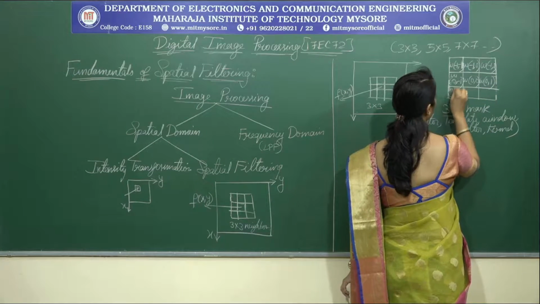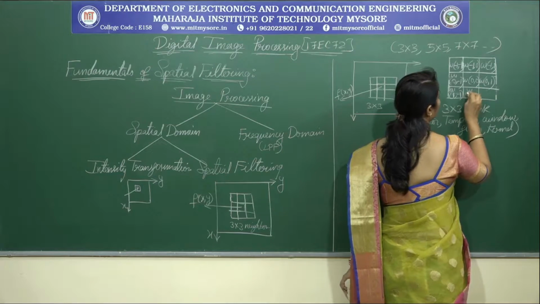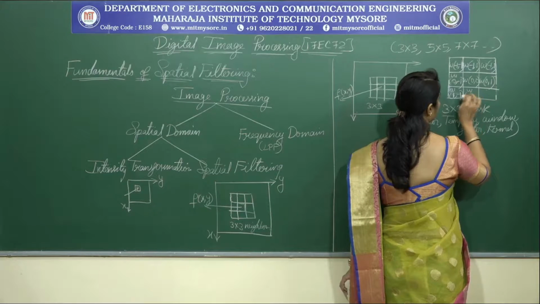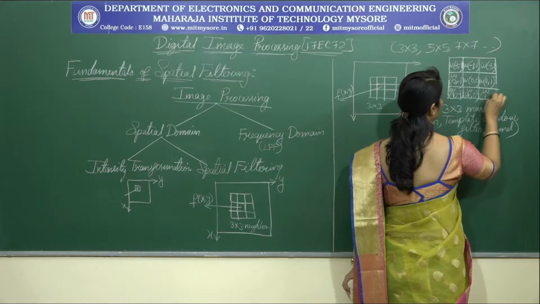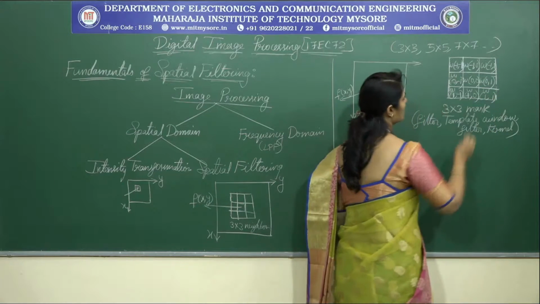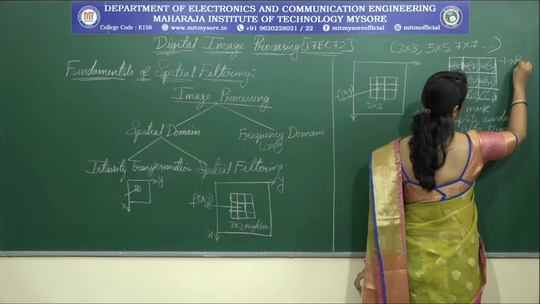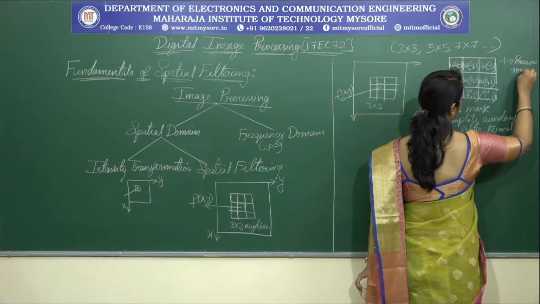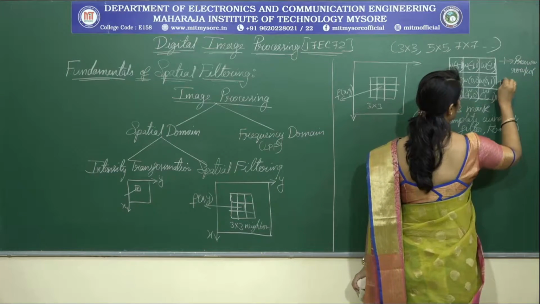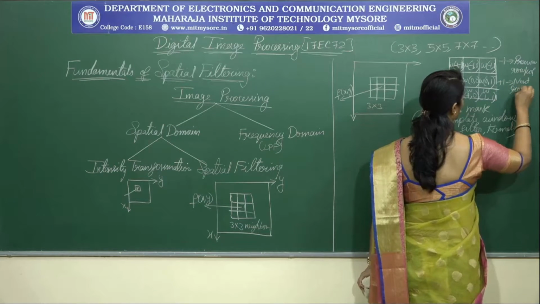So W of this is next row, previous column, next row, same column, next row, next column. So -1 is previous row or column, +1 is next row or column.